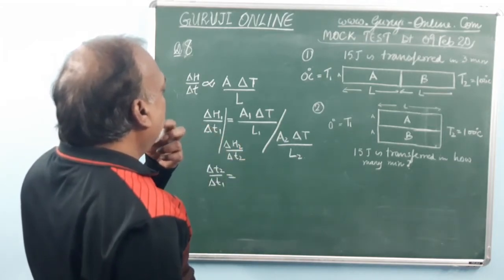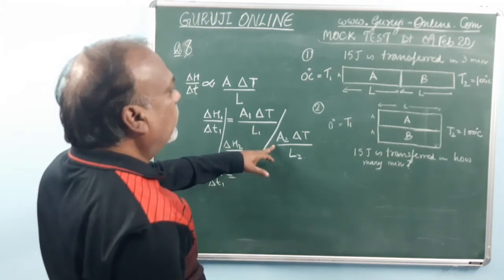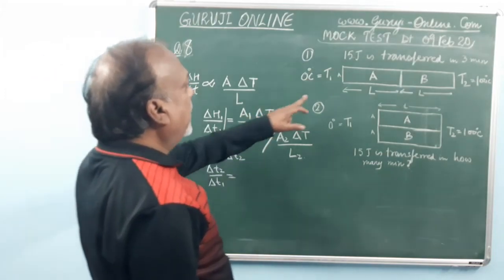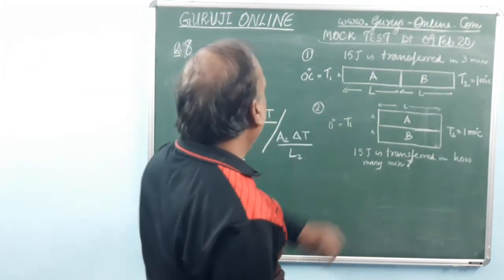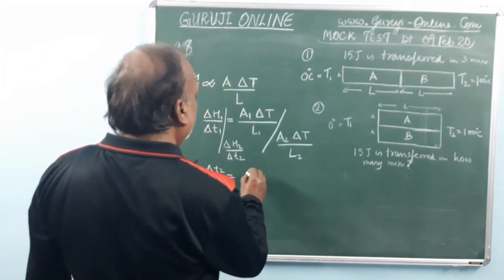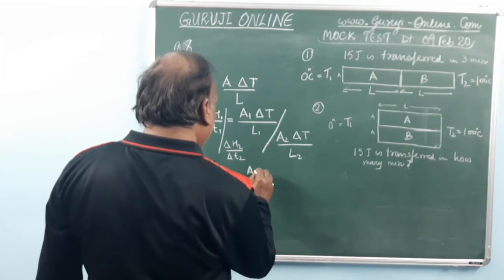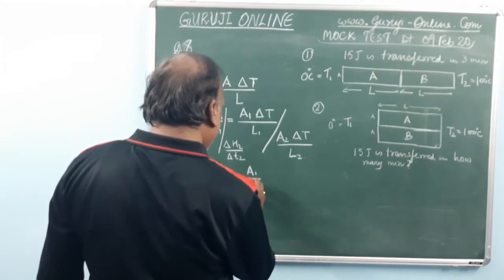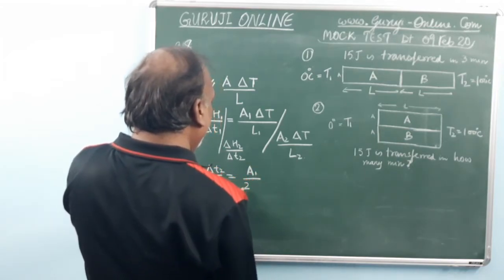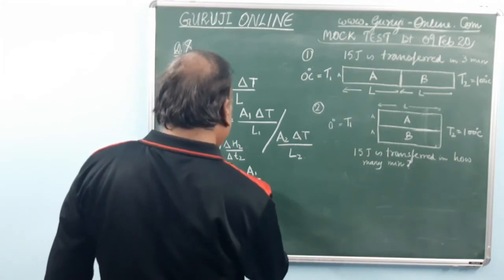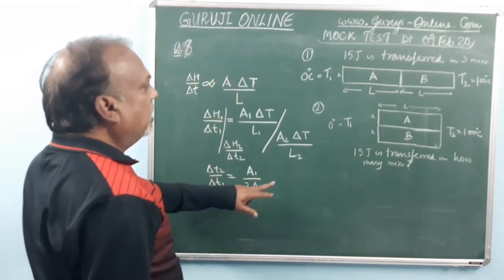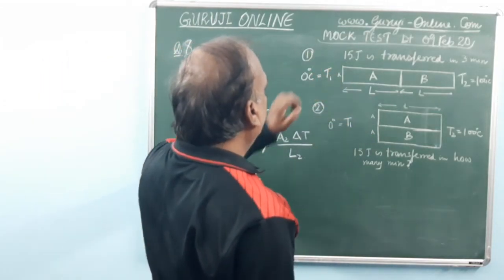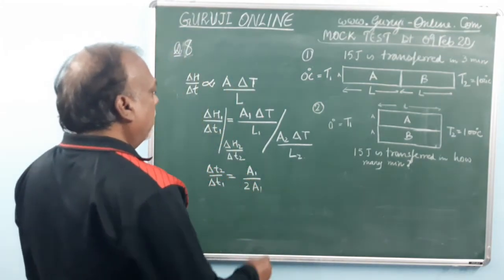Here A1 upon A2. Here A1 is A, and A2 is basically 2A. That means A2 is increasing, A2 is nothing but 2A1.